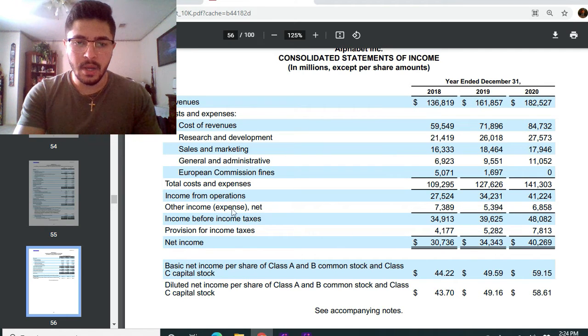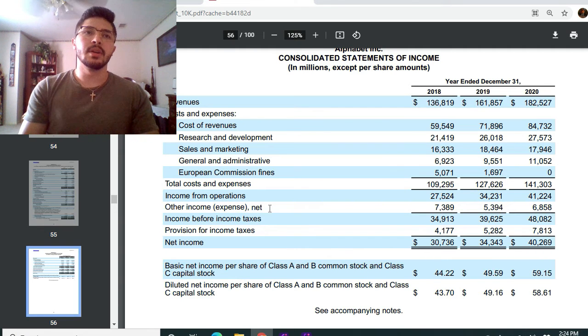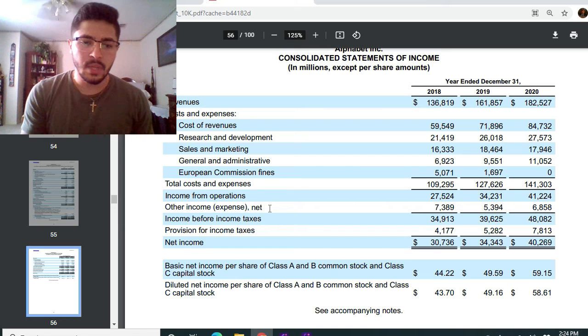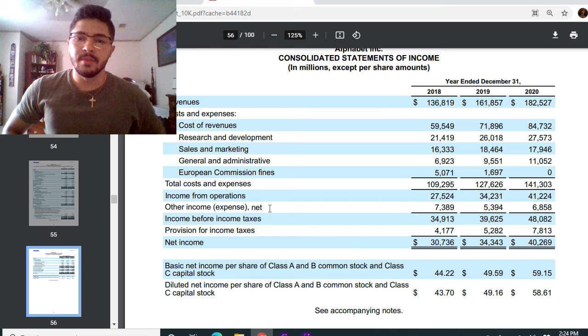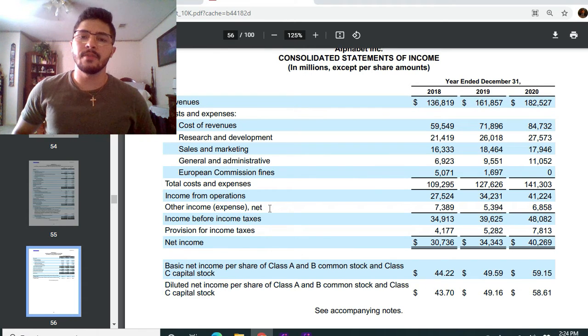Other income (expenses), net. Whenever they say net, this just means no details, all of it just put together. And like I said, other income, this is probably because Google is a huge company and they have lots of money just sitting there.